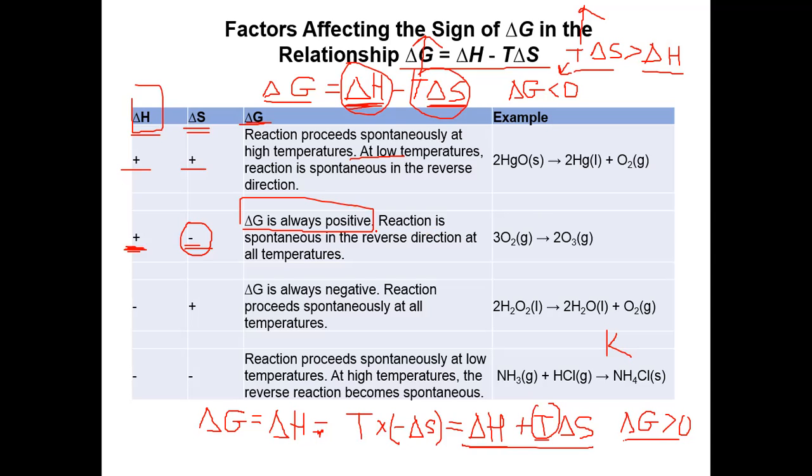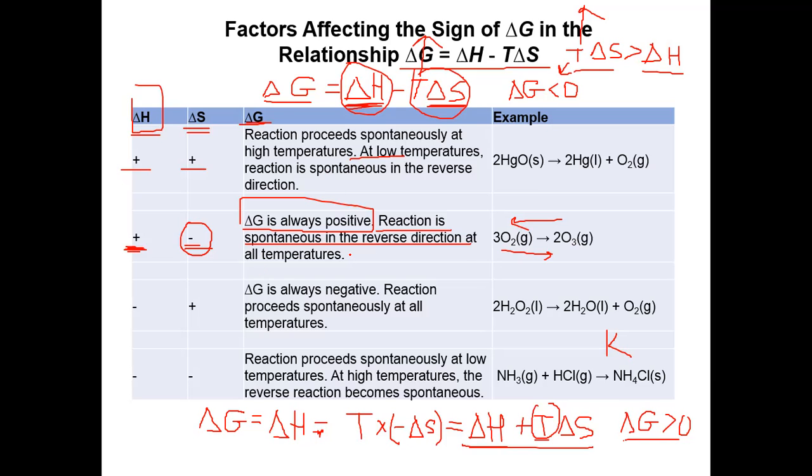It says over here, the reaction is spontaneous in the reverse direction. So this process is non-spontaneous, but the reverse might be spontaneous. You cannot make ozone from oxygen easily, but you can decompose ozone to oxygen easily.